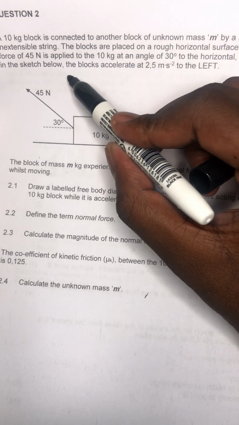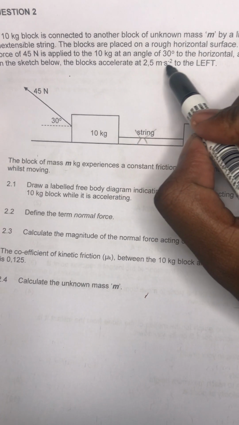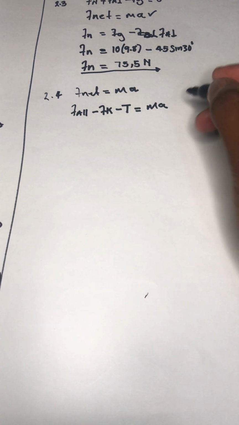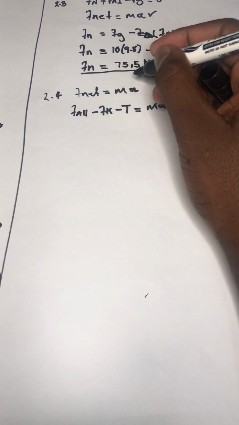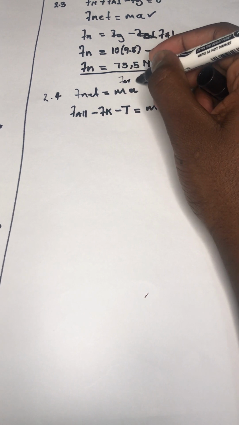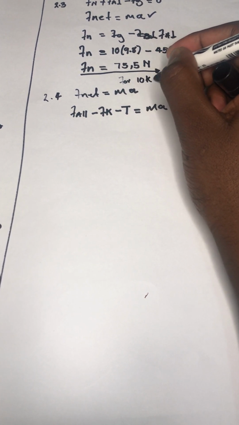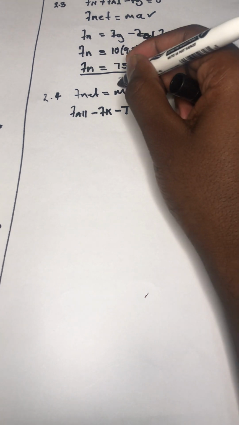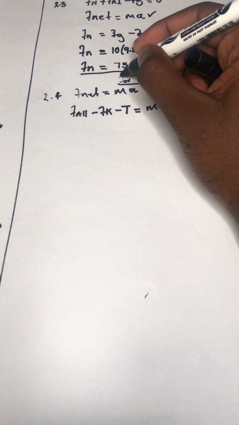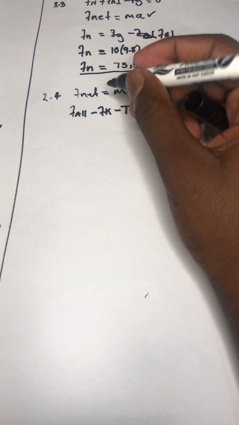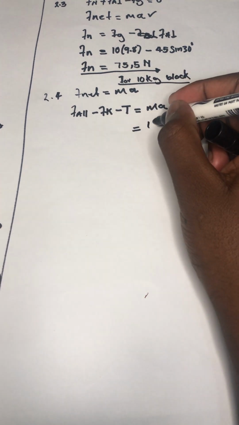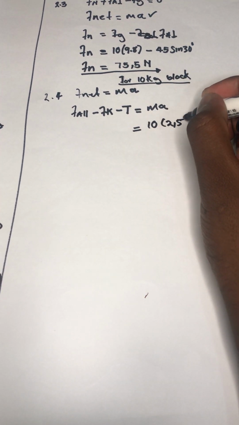We were given the acceleration: the block accelerates at 2.5 meters per second squared to the left. So for the 10 kg block, let us get used to writing it this way so that it is clear what we are doing. For the 10 kg block we are writing 10 times 2.5.